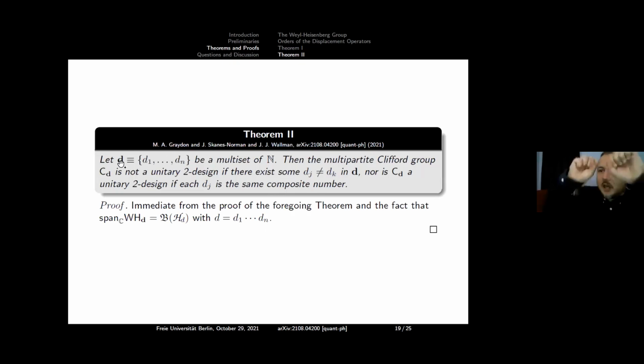If I've got some collection of quantum systems that each have a local dimension, then the Clifford group is not a 2-design unless those dimensions are the same number, and that's a prime number. The way you prove it is exactly the same as before. Again, use the fact that since each of the local Weyl-Heisenberg groups spans its ambient space, their tensor product spans, because we're in a complex category. So yeah, that works.